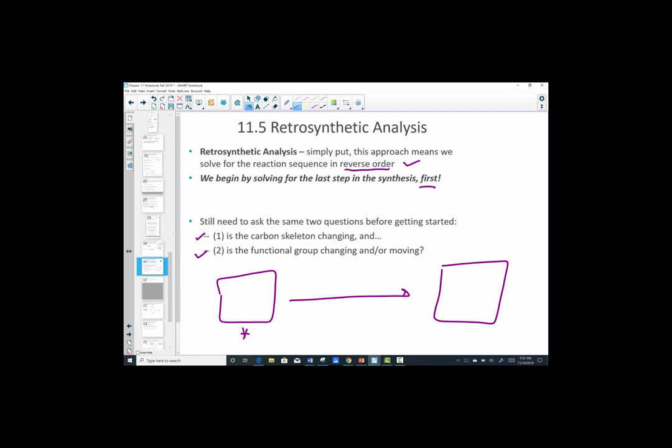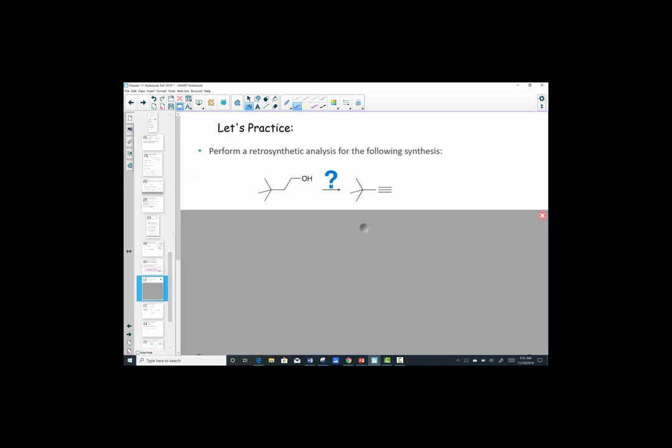Instead of beginning here and saying, what can I do, what can I do, what can I do, start here and just go back. How can I change this into this? How can I change this into this? And I just keep working back until I arrive at my initial reactant. It's much more effective working backwards, and let's show that with some specific examples.